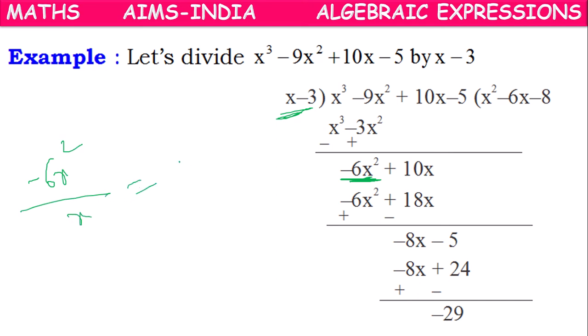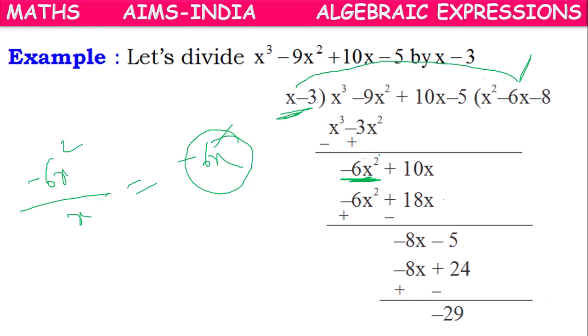If we divide, minus will come, 1x cancels, 6x will come. So this will be the second term of the quotient. But with that, all terms are to be multiplied. Minus 6x into x, minus 6x square, minus into minus plus, 6 times 3 is 18x. We have to change the signs. It will become plus, it will become minus.